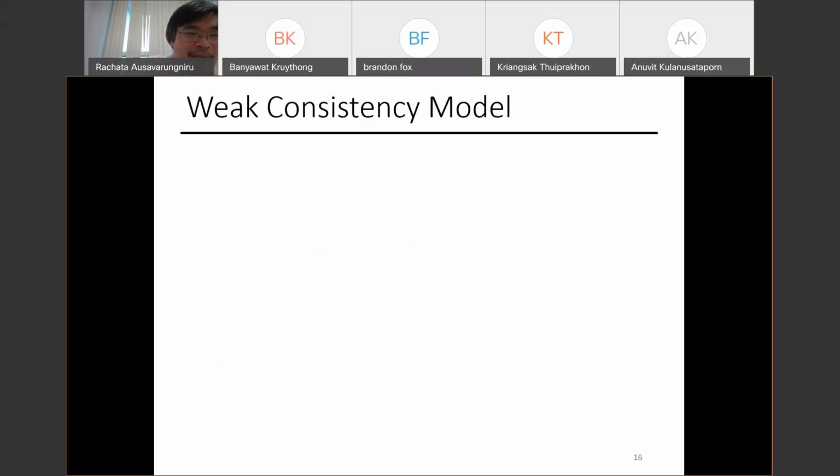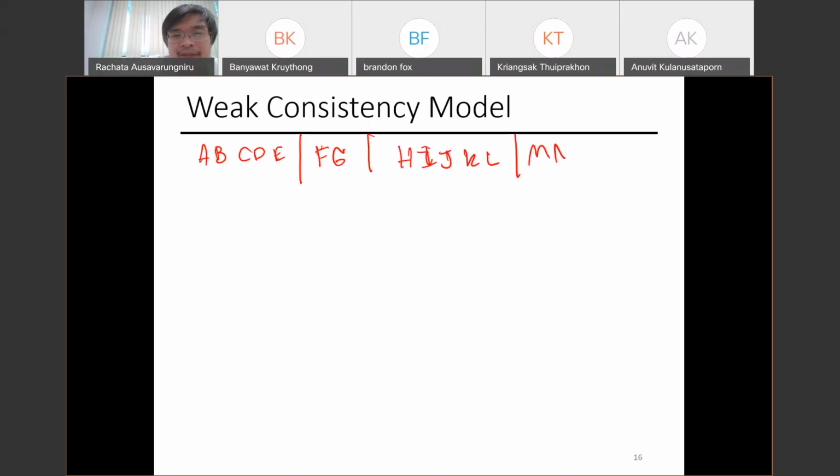Here's the example. Let's say you have memory operations A, B, C, D, E, then fence F, G, fence H, I, J, K, L, fence M, and N, fence. So this is my memory operations, and these are the 4 fences that I have, right?